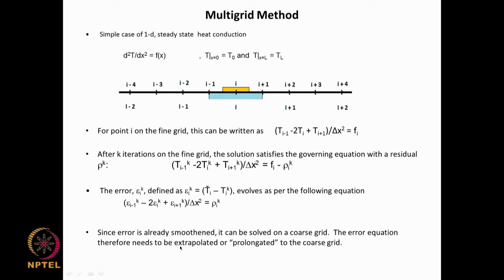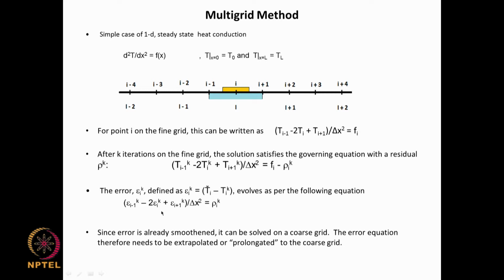The error equation therefore needs to be extrapolated, or prolongated, to the coarse grid. As it is, this error equation is expressed in terms of small i's with a grid spacing of small delta x, so it is not posed for the coarse grid.